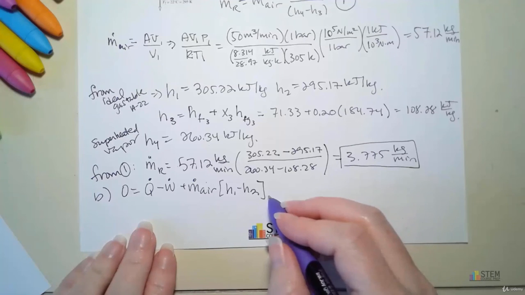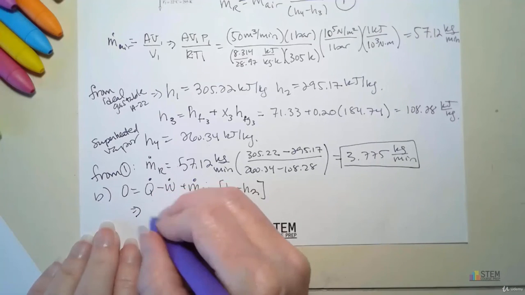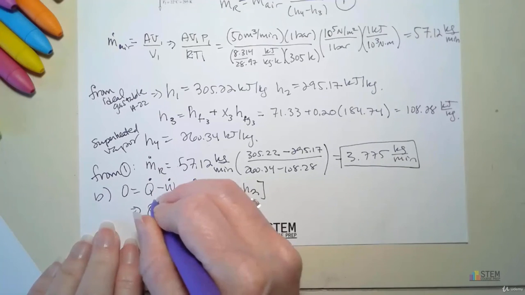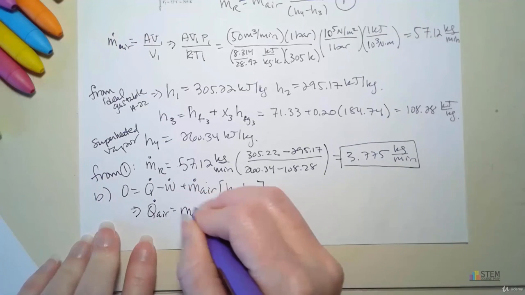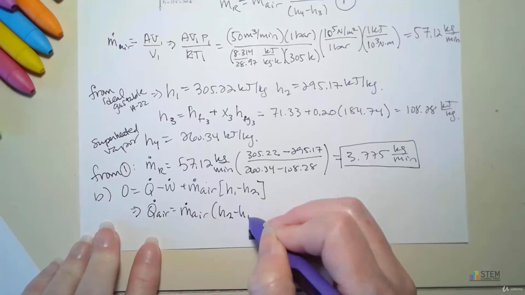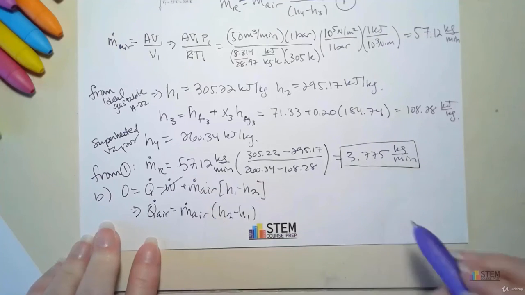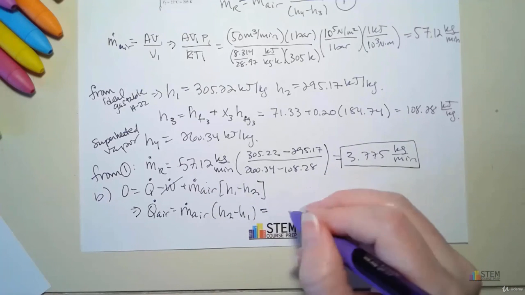So now that we have this, we can go ahead and plug in our numbers. So Q, let's call this air, dot, is going to be the mass flow rate of the air times H2 minus H1. Notice W dot goes away because we are not generating any power. We don't have a power input.